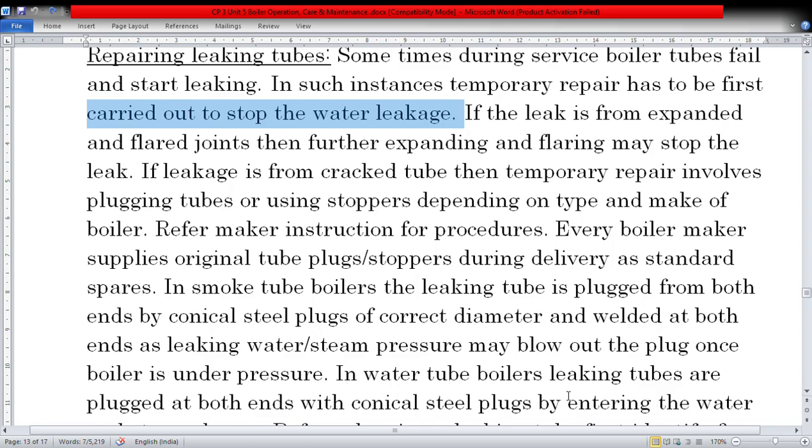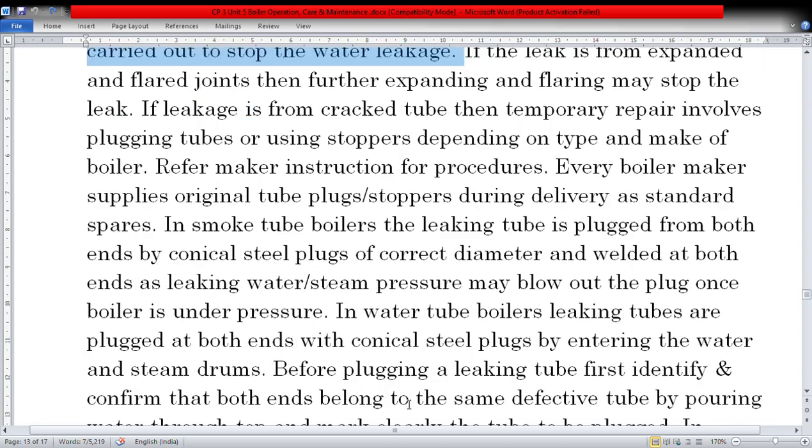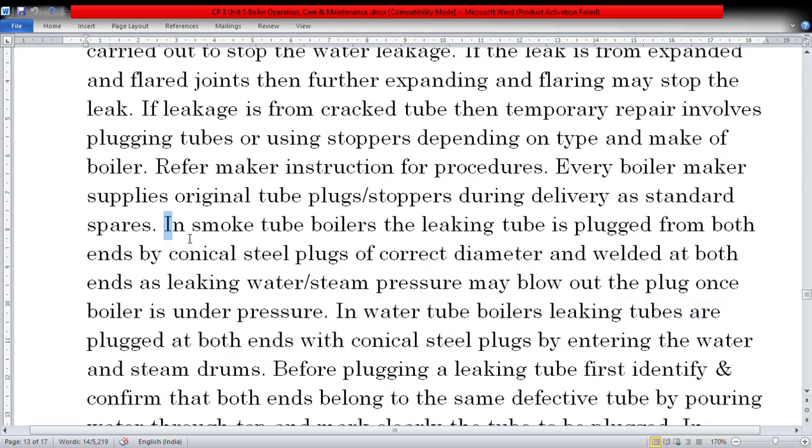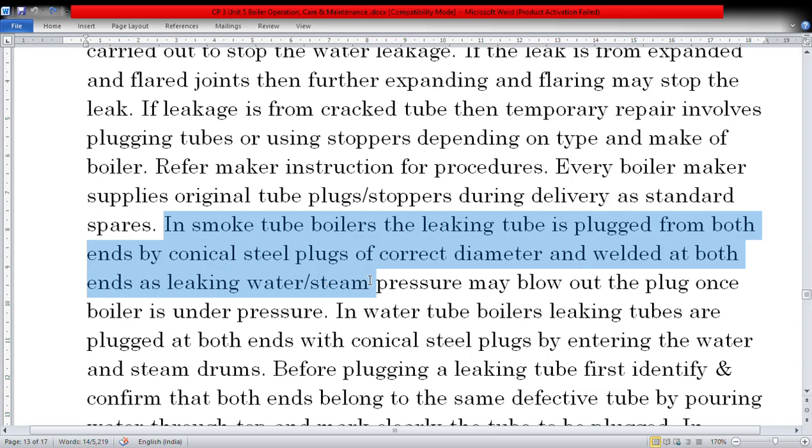In water tube boilers, leaking tubes are plugged at both ends with conical steel plugs by entering the water and steam drums. So here in the water tube boiler we are plugging from both ends with conical steel plugs, and in smoke tube boilers, plugged from both ends by conical steel plugs of correct diameter and welded at both ends.